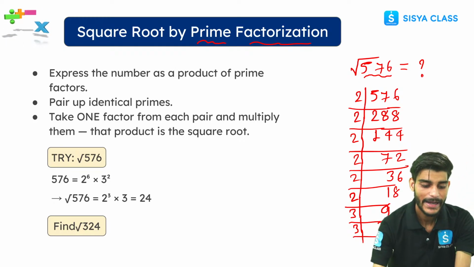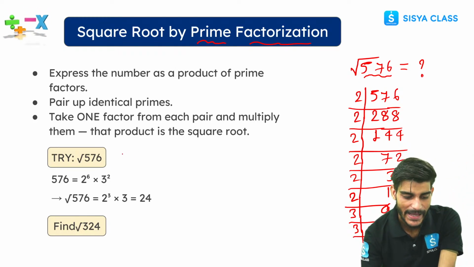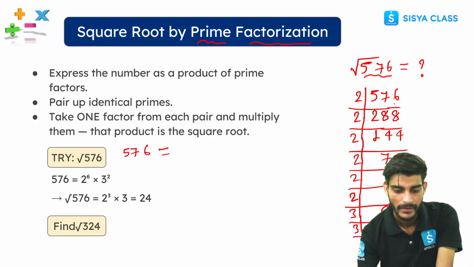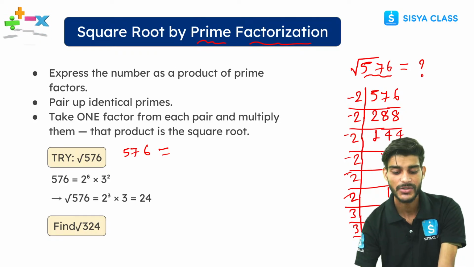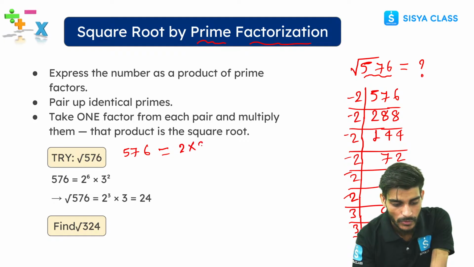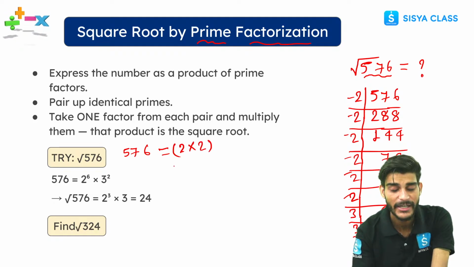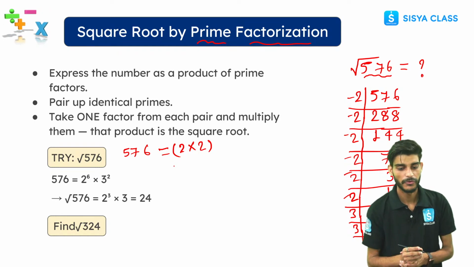So, can I write 576 as a product of primes? How many 2s do we have? We have 1, 2, 3, 4, 5, 6 twos. We have 6 twos. Can we write them in pairs? How many pairs do we have? If you have 6 twos, then you can make 3 pairs of 2, right?